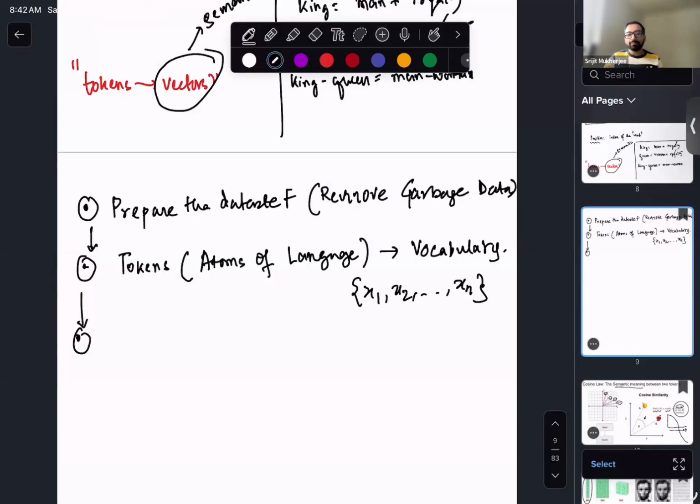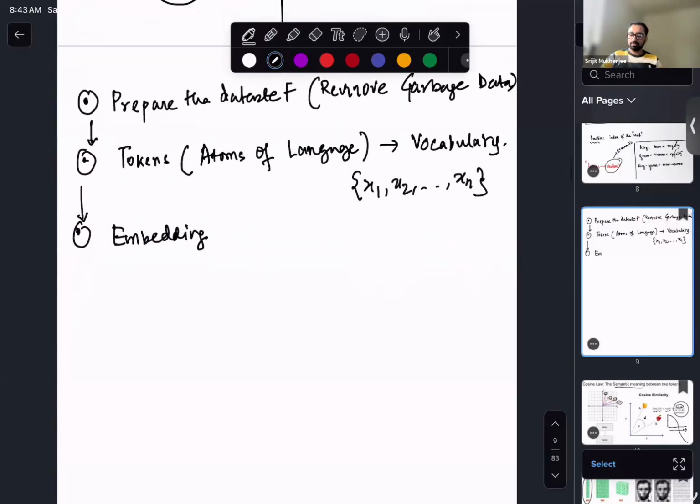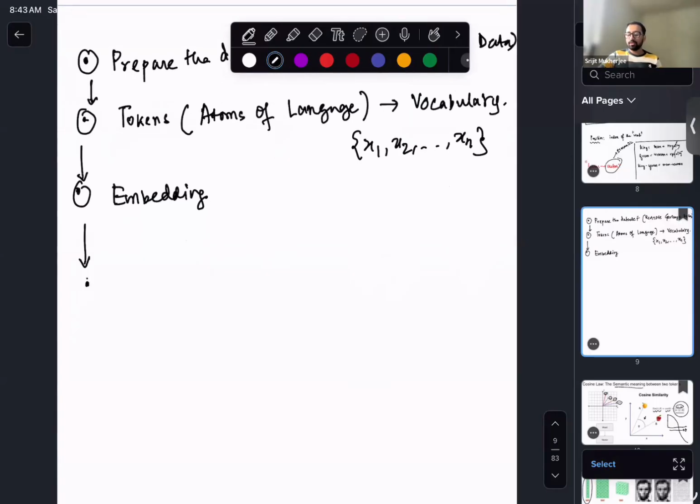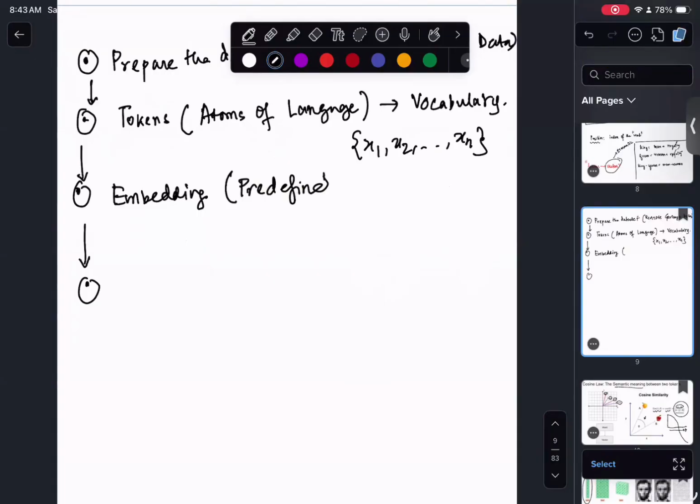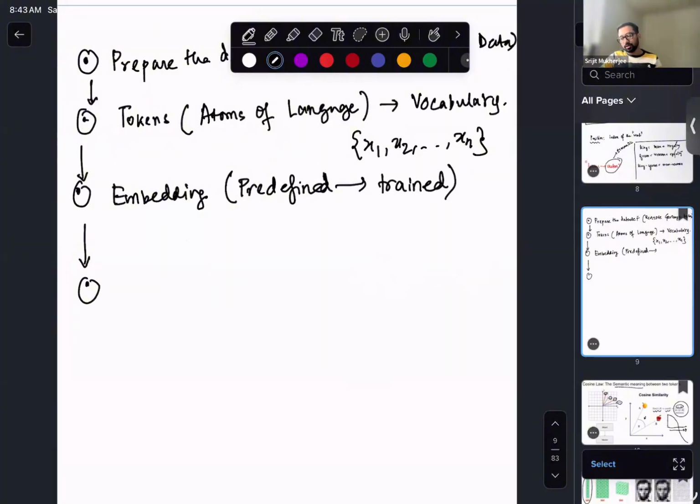Now each of these tokens should be embedded. Each of these tokens should be changed into a vector. Previously those vectors were predefined, now they are trained automatically from large data.